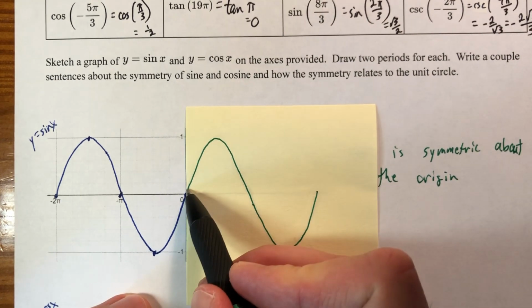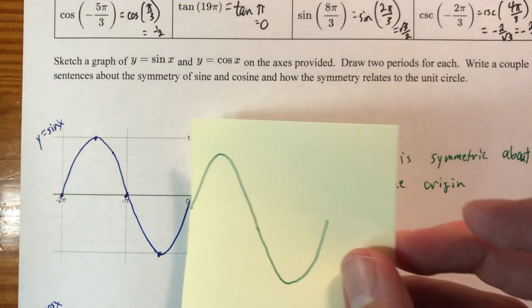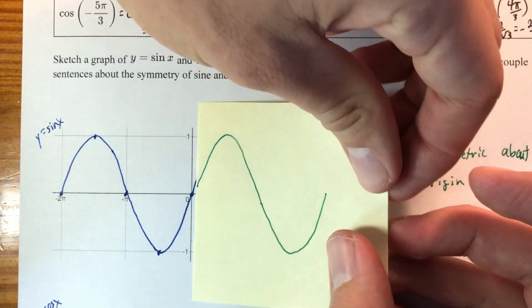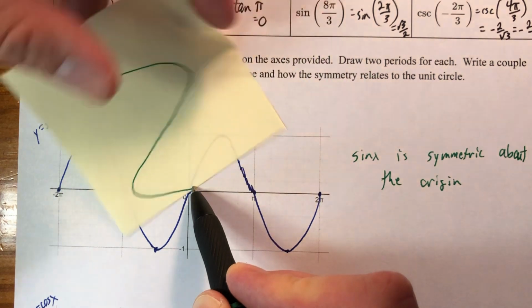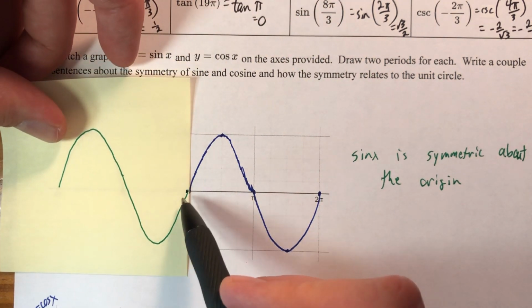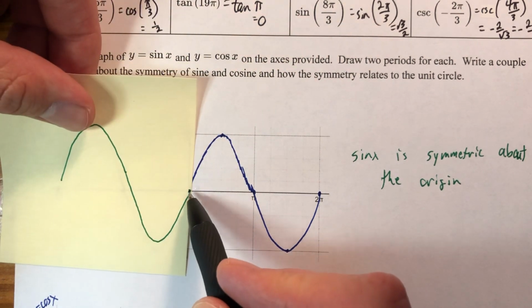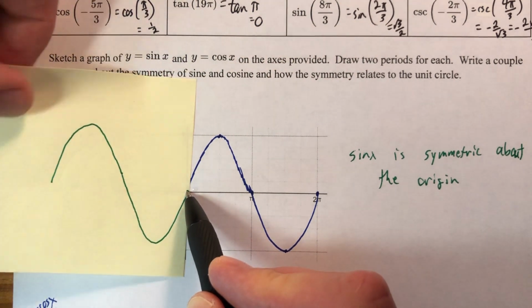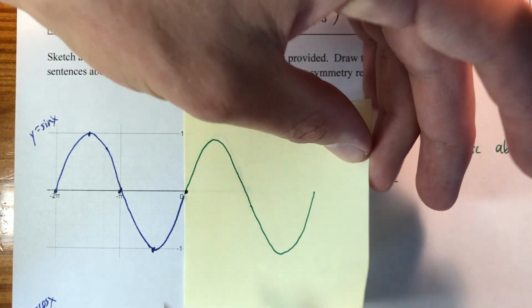If I held that point still right there, and I rotated this piece of paper, that's sticky, so it's not going to rotate very well. But if I rotated this around that point, there we go. I get the same thing that I had. Let's try this again. If I rotate around the origin, I get the same thing that I had.